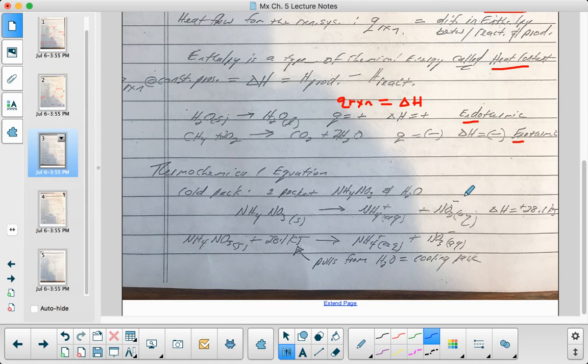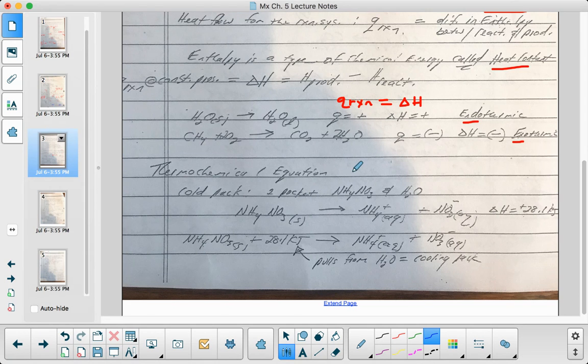So here's an example of an endothermic process. If you take those cold packs that athletes use if they have a minor injury and some swelling, the coach will break the packet open and bend it to activate the two different pockets.